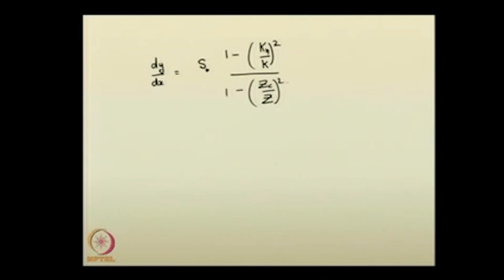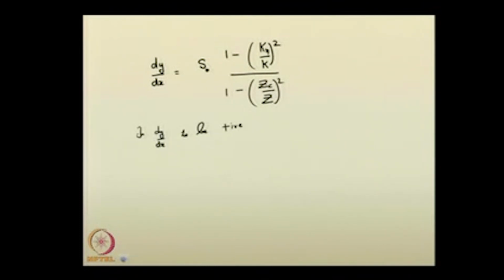For dy by dx to be positive, we discussed the criteria in the last class, for example for backwater curves: if the numerator is positive, then the denominator also has to be positive, or if the numerator is negative, then the denominator also has to be negative. Those things we had described in the last class.